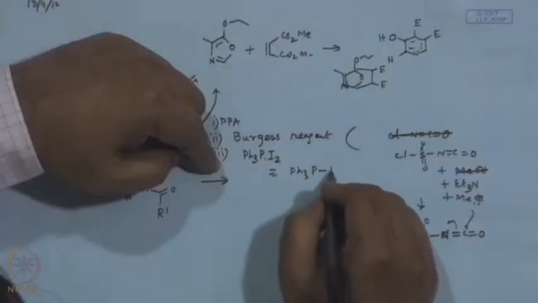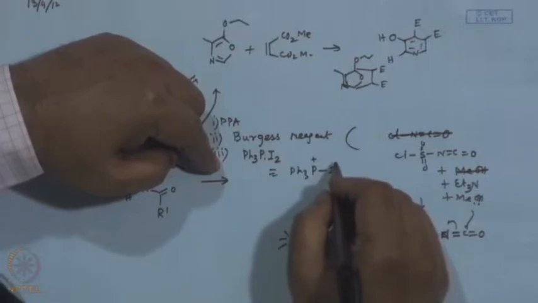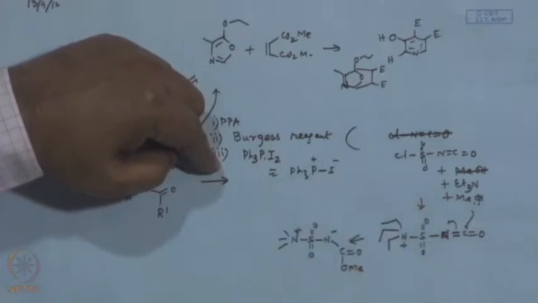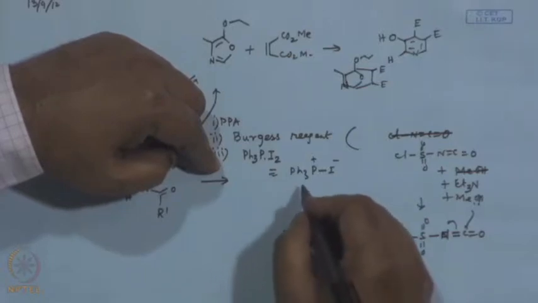If you have a 1,3-diol, you can do cycloetherification, so cyclization can take place by cyclodehydration. It is similar to diphenylphosphine iodine, where you have this phosphonium plus and iodine minus.